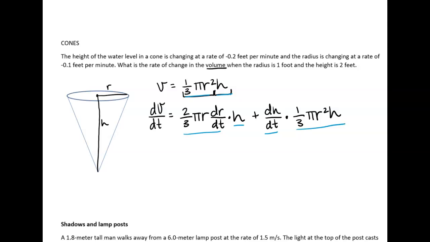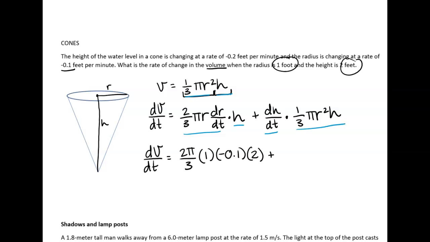Now we'll put in things that we know. We're looking for the rate of change in the volume, so dV/dt will stay unknown. Instead of 2/3 pi, I'm going to make that 2 pi over 3, just because I can. Radius is 1 foot, so times 1. dr/dt is the rate of change of the radius. Radius was changing at a rate of negative 0.1. Height, 2.